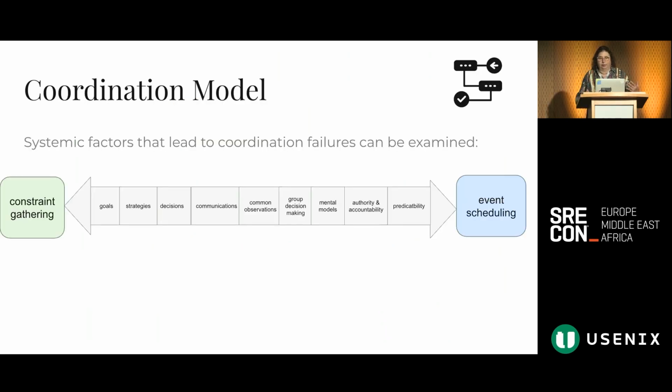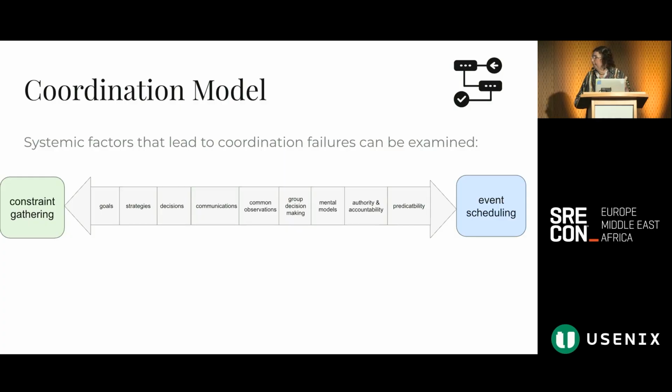This model of coordination allows me to talk about the systemic aspects of coordination, the elements that have to be present in the system for coordination to happen successfully.